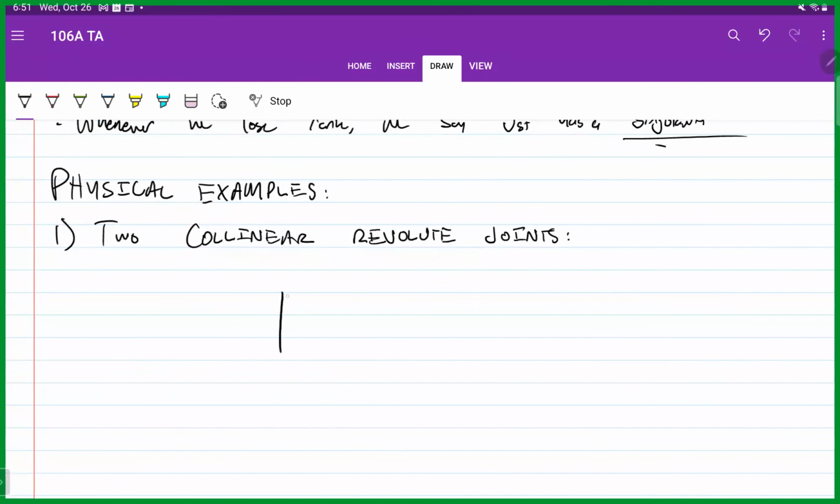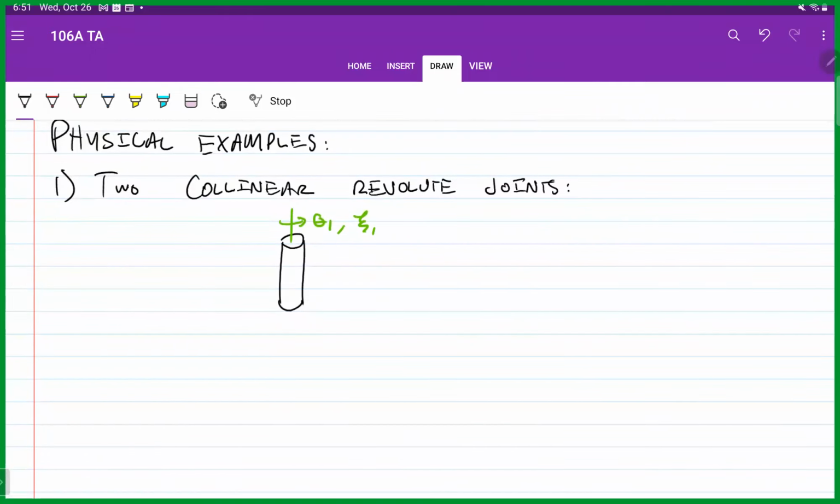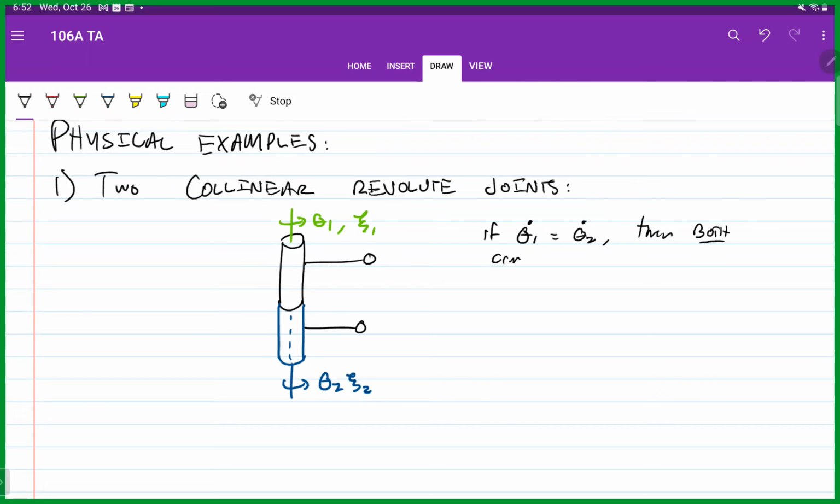Let's imagine that we have one axis up here, where our xi1 is passing through, with theta 1. Then beneath it, we have this second axis, and this one has a theta 2 and a xi2. Now if we have a robot arm attached to this one at the bottom and one attached to this one, and we're swinging these around in space, theta 1 dot equals theta 2 dot, then both arms give the same velocity or motion.